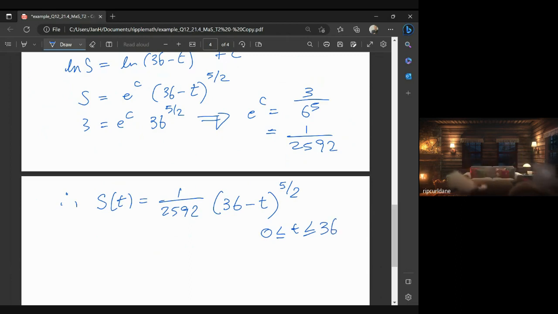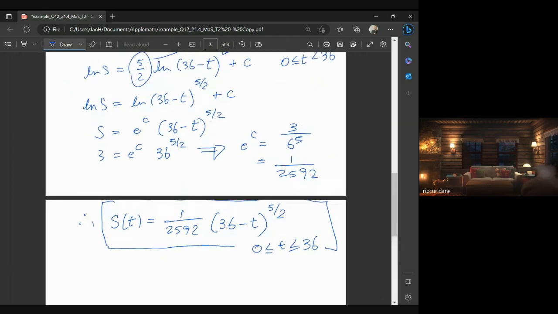And we know that at 36, it'll be 0, so we can put that 36 in there. Yeah, and there you have it. I don't really need to put a box around it, I guess, but there it is anyway. And that's it.